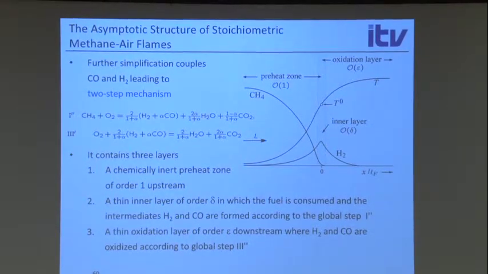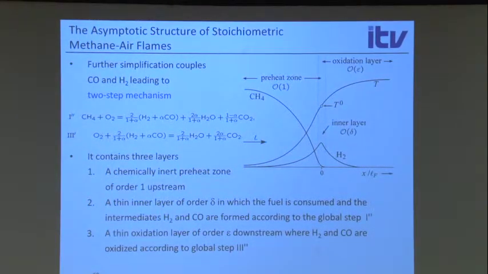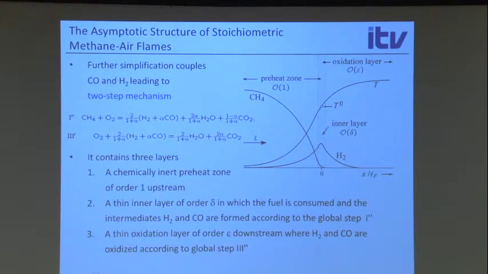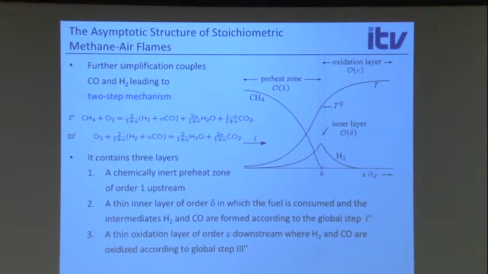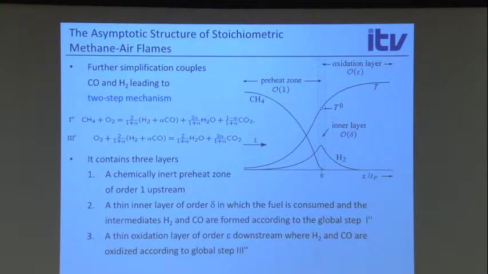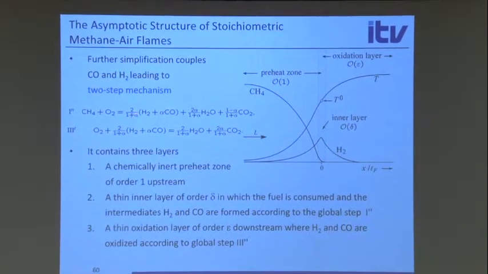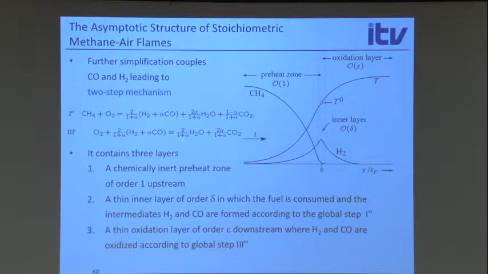So here the further reduction is done by coupling hydrogen and CO. And so there is a new species here, which is hydrogen plus alpha CO. And that just appears here as one species. So hydrogen and CO appear as one thing, and they're treated as one species. That's how you get from 3 to 2, but it makes the analysis simpler.